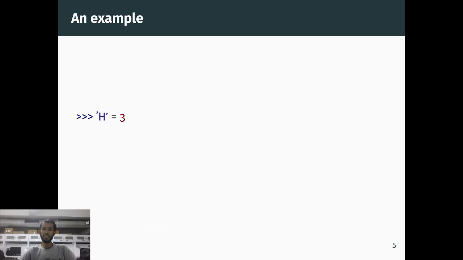So let's consider an example here. It looks like a string is being assigned a constant value 3. Now all of us know that's ridiculous, until we realize those apostrophes that constitute that string are not really apostrophes. They are some other Unicode characters.